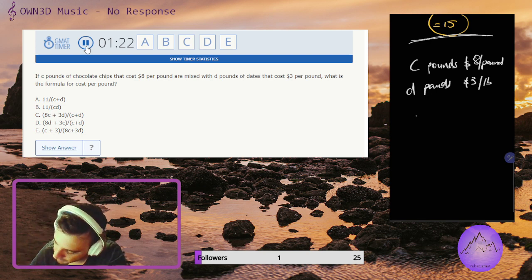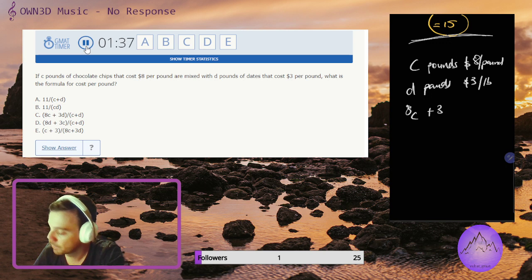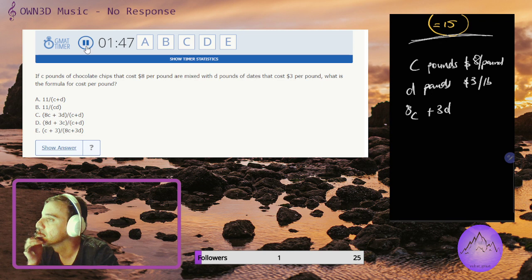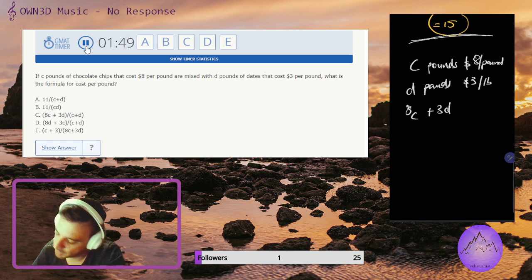All right, well, it's going to be C. I'm going to say 8C plus 3D. No, not quite.